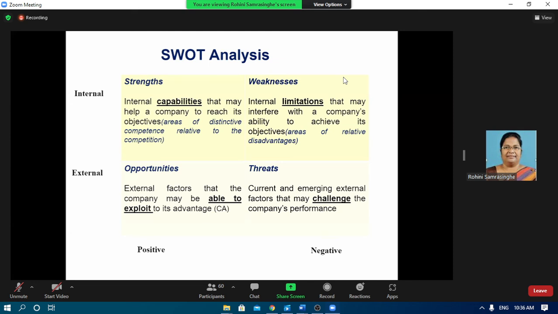That is what we call opportunities. In other words, it is being able to exploit its advantage: new favorable areas, new competitive advantage. This is what we look at under opportunities.